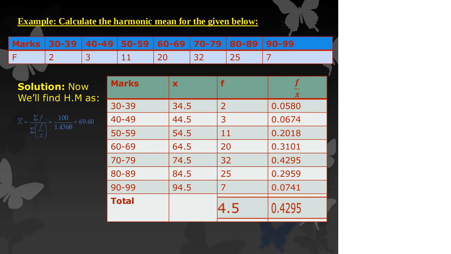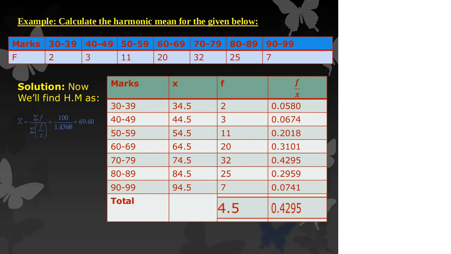Then we have CF. We said it is the preceding cumulative frequency, the one that is just above. So we have the cumulative frequency above 68, which is 36.